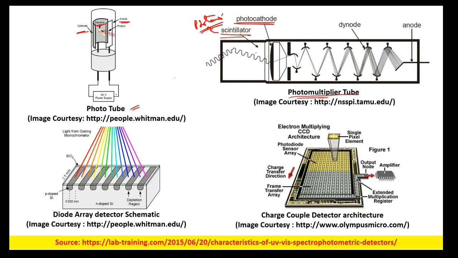When these photons hit the photocathode, it generates electrons, and these generated electrons are amplified by the diodes. Ultimately the amplified number of electrons hits the anode, and likewise the signal is amplified, and the amplified signal is detected.